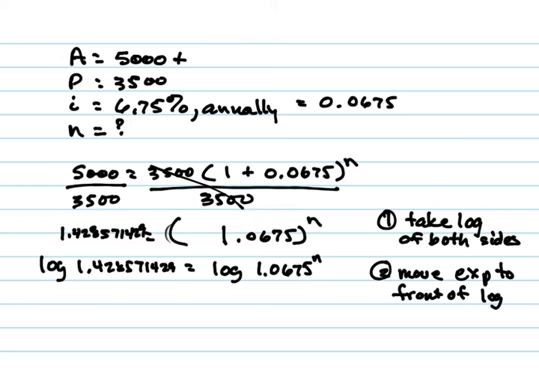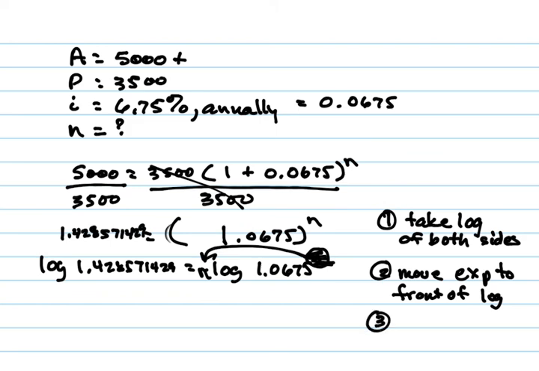Anytime you have an exponent and you take the logarithm of it, it's the same as having that exponent become the coefficient or the multiplier. So that n is going to move up front, which means I don't have an exponent anymore. And that's the reason we take the logarithm. Okay? So if anything's weird that you're going to have to remember, that's the only part that's weird. But that's the reason why we can do this.